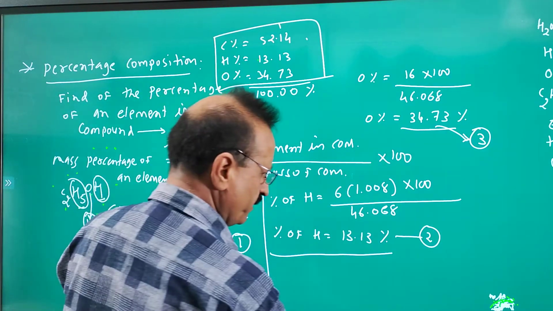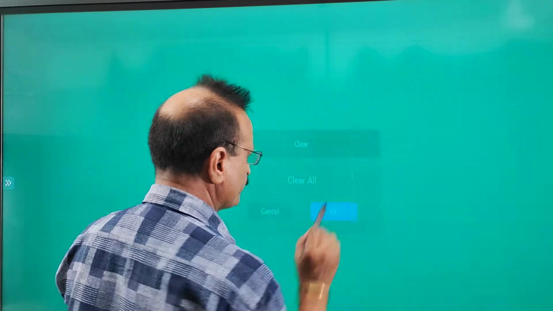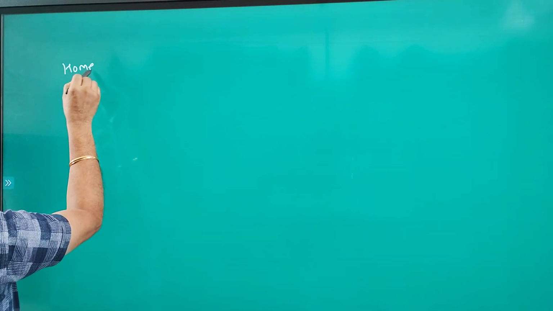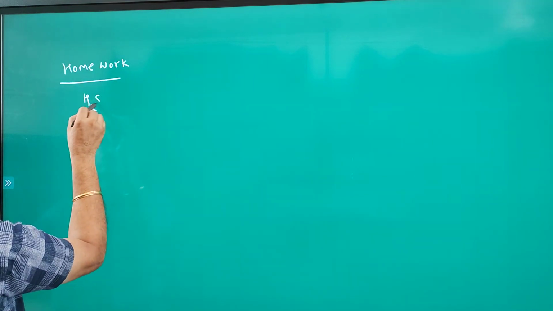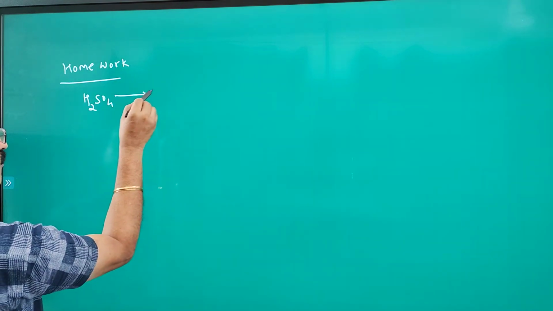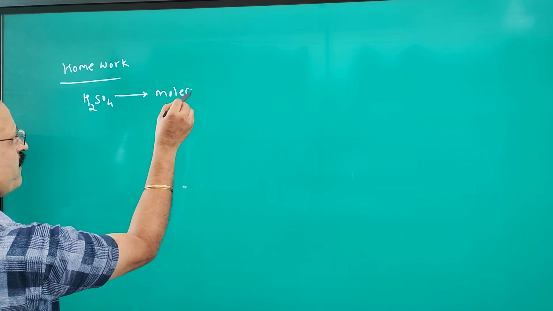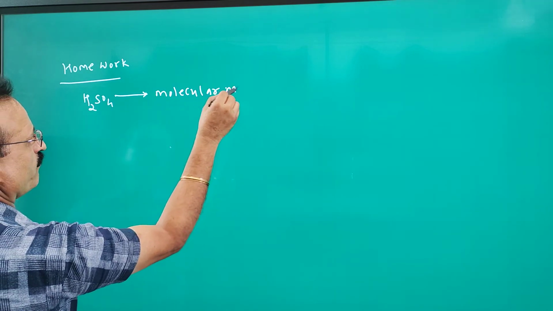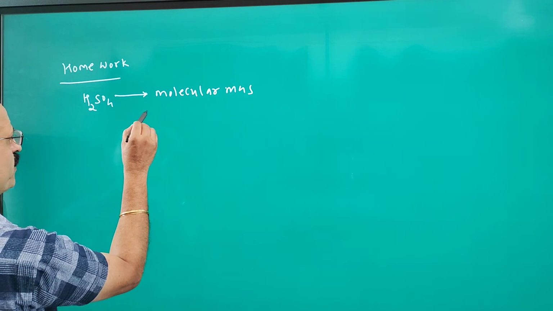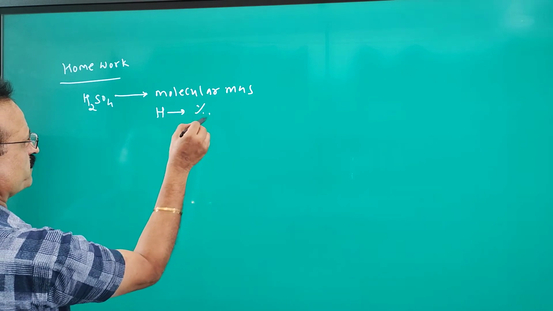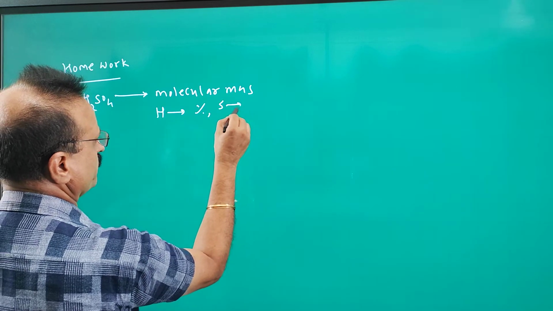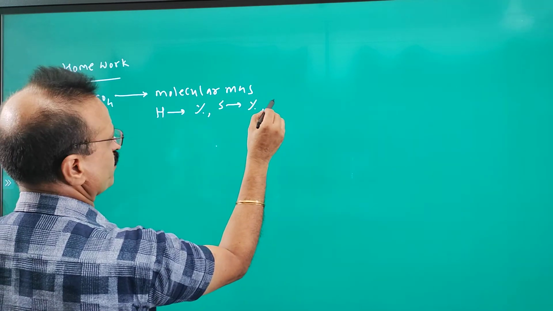Now we have 5 sums in homework. First sum: H2SO4. You have to find the molecular mass first, the molecular mass of H2SO4, then the percentage of hydrogen, percentage of sulfur, and percentage of oxygen.